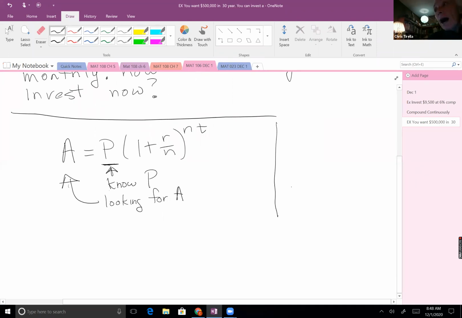Let's say I had a slightly different formula that said that A is equal to P times something. I'm going to call it C.